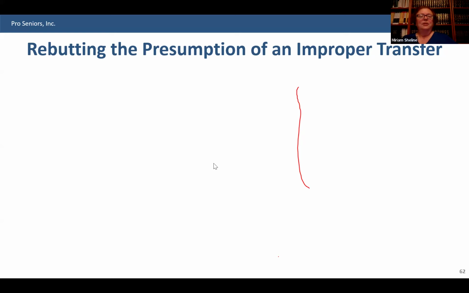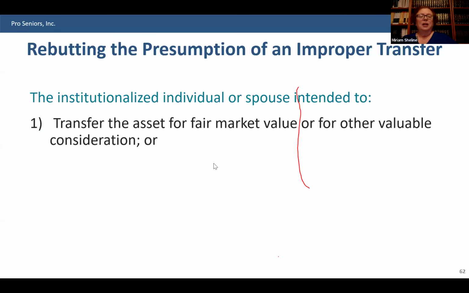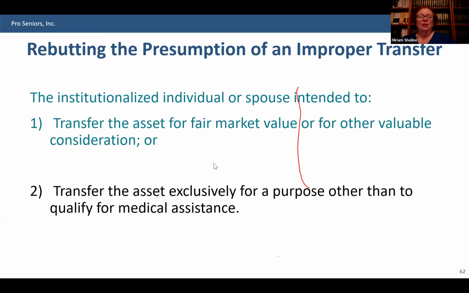All right. So as to rebutting the presumption of an improper transfer, let's say that the IS or the spouse intended to transfer the asset for fair market value or for other valuable consideration, or that the transfer of the asset was exclusively for a purpose other than to qualify for Medicaid.